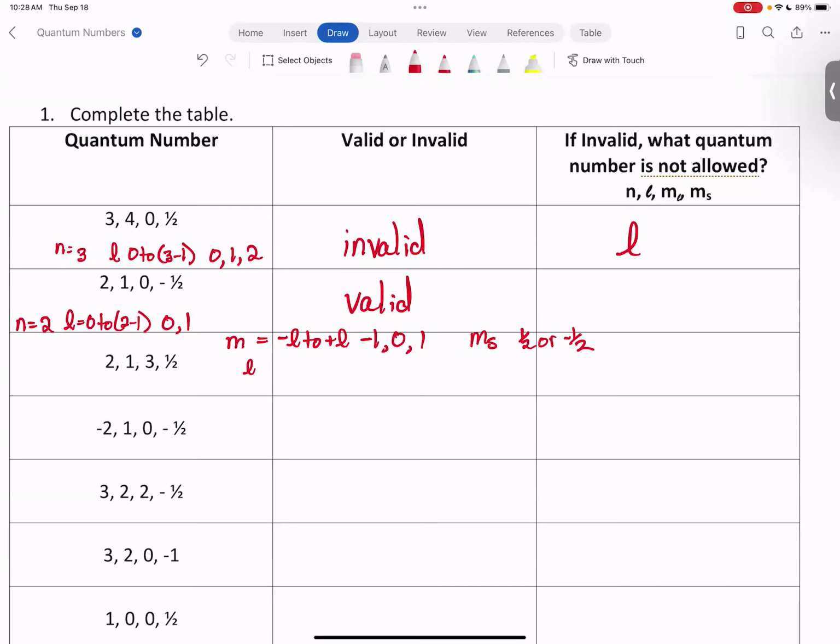So I want you to do the next one, which is 2, 1, 3, 1/2, and tell me whether it's valid or invalid. And if it's invalid, why is it invalid?